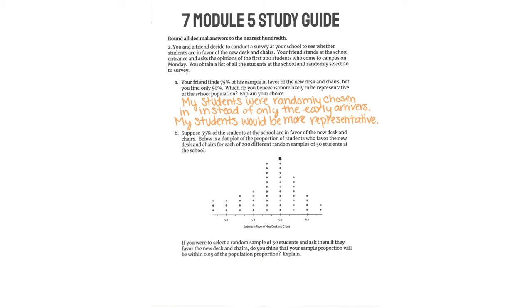So now, if you were to select a random sample of 50 students and ask them if they favor the new desk and chairs, do you think that your sample proportion will be within 5/100ths of the population proportion? Explain. Okay. So as we look at our dots here, we can kind of say the cluster of our dots, the biggest amount of our dots, is going to be about 5/10 to 7/10.